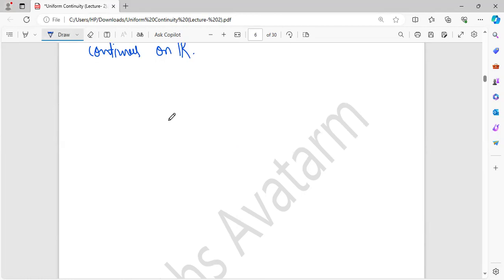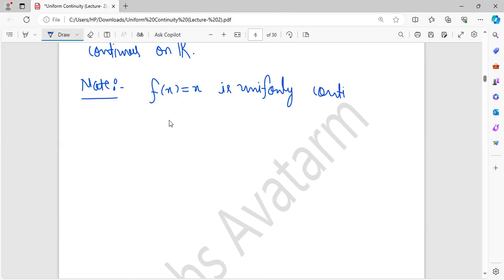In the last class, I have seen this one. This f(x) equal to x is uniformly continuous on R. Okay.